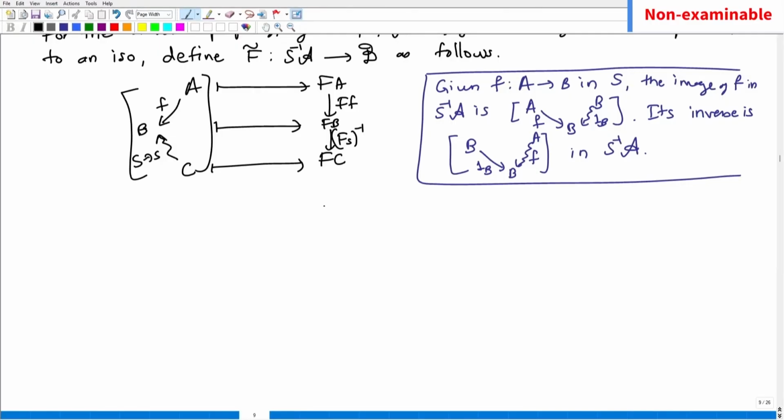So that's the important part here. If we have some extra data present in S, then lots of things become easy. Now, I already promised you that there is another way of killing objects, and that's also a way to localize a category. So this is our second way of doing that.